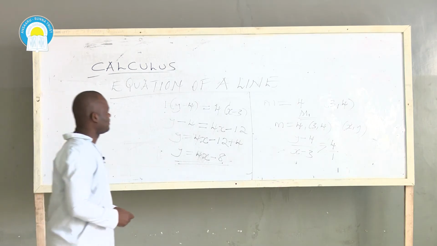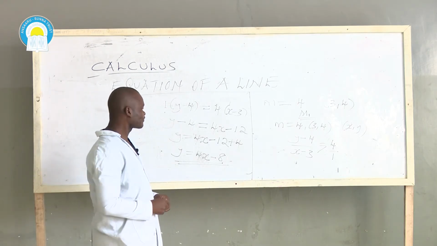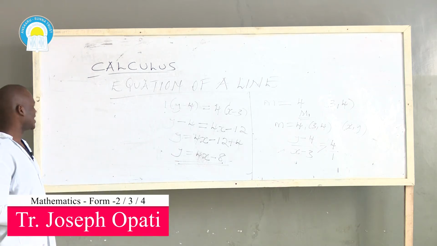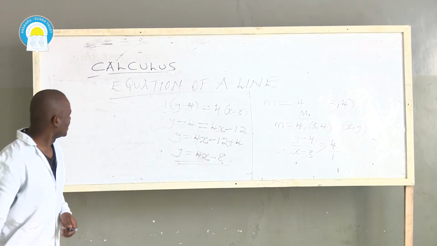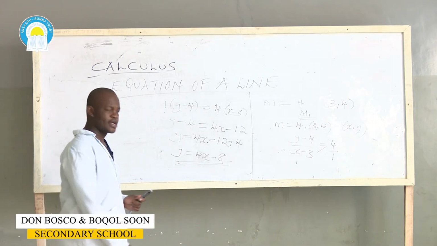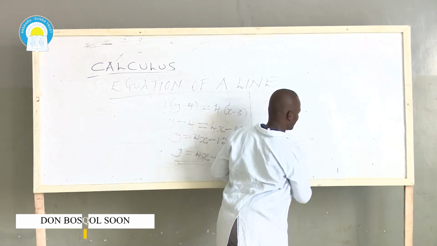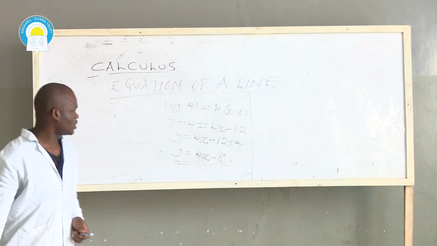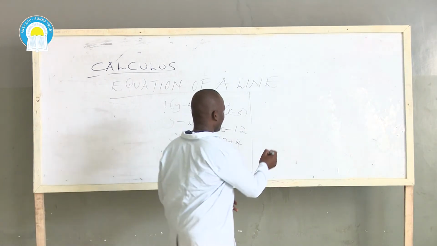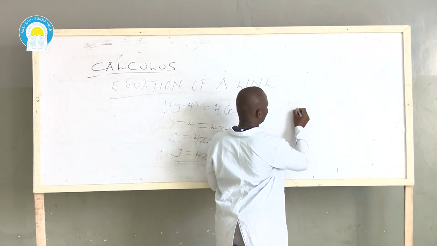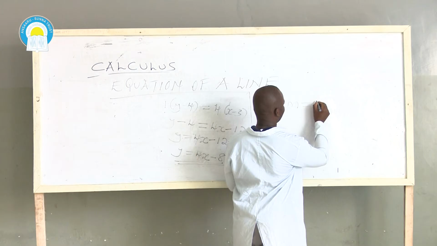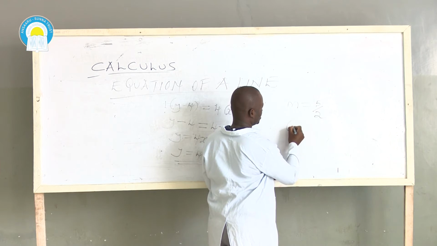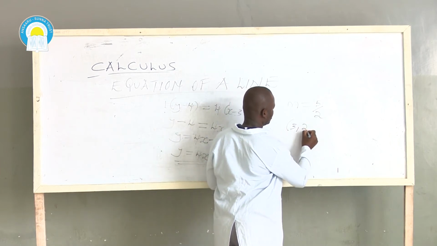Now we want to see how you can give your equation in the other forms, if it becomes a requirement in a given exam question. So I'm going to use different values for the gradient and a point where a given line passes through. Let me use a gradient of 5/2 and a point 3, 2.